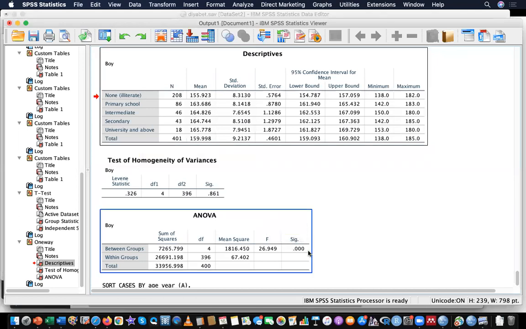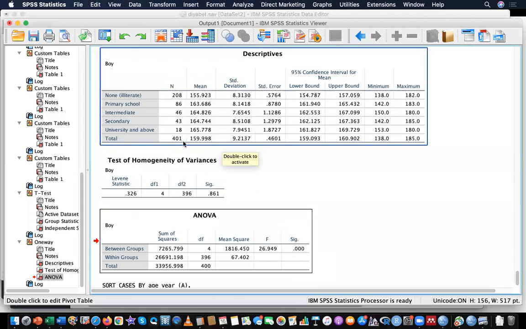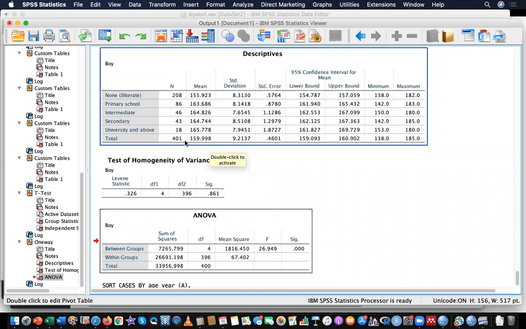Is there a significant difference? The ANOVA p-value is 0.00 something, less than 0.05. So I have to accept that there is a significant difference between the groups.